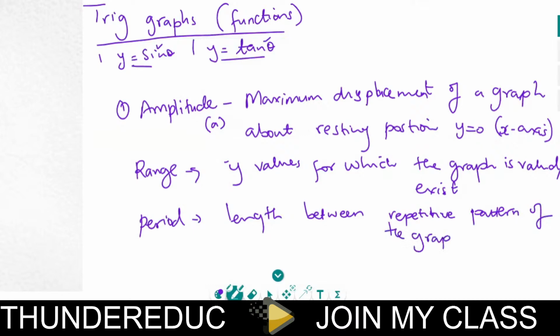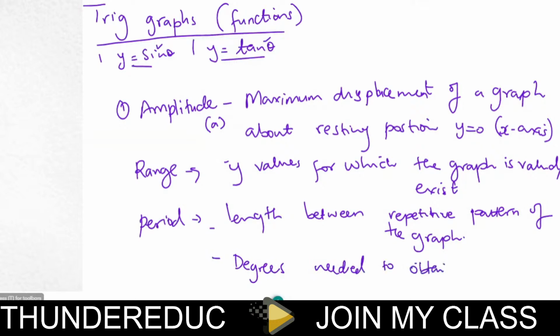So in other words, it's the number of degrees that are needed to create a full cycle, or we can say degrees needed to obtain a full cycle of the graph. In other words, if it's a sine graph, after how many degrees do we get the full graph of sine? After how many degrees do we get the full cos graph and the full tan graph? That is what we mean by the period.